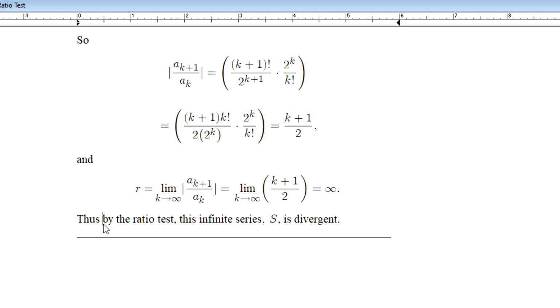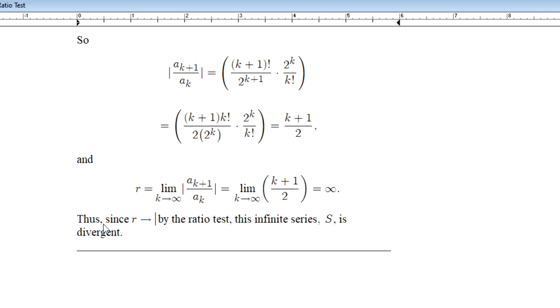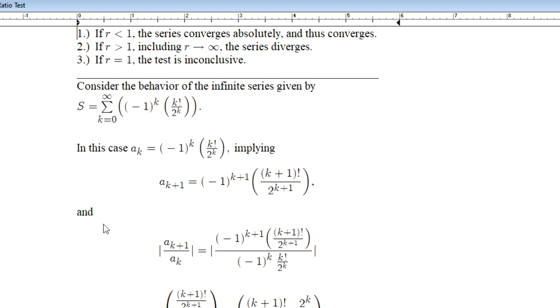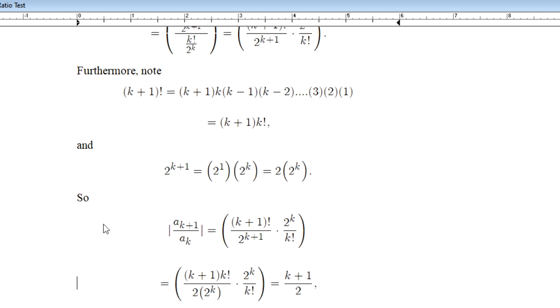And thus, we might point out, since r approaches the value infinity, it is an infinite limit. By the ratio test, this infinite series S is divergent. This infinite series S is going to be a divergent series.